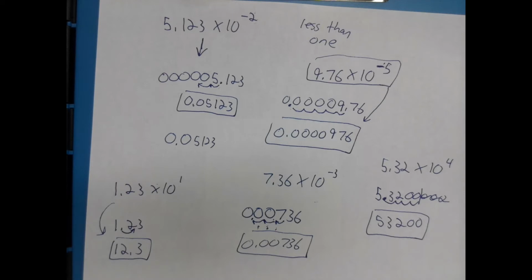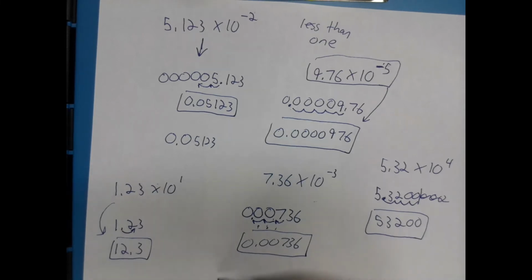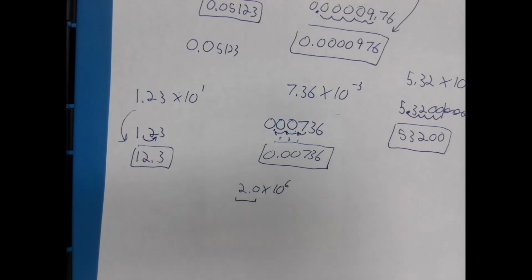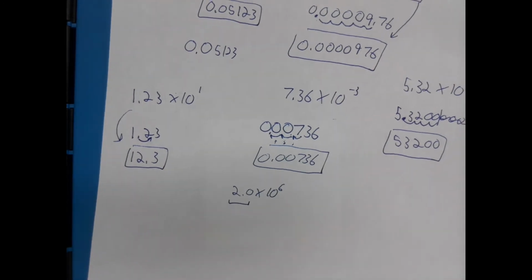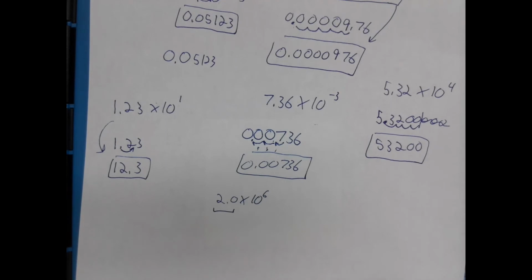So on the homework, I'm not going to grade the one that requires scientific notation. There's one problem where you had to put it in scientific notation. You should have put 2.0 times 10 to the 6 for a problem, I think, because you needed two significant figures. So in order to do significant figures properly, sometimes you will have to write it in scientific notation.